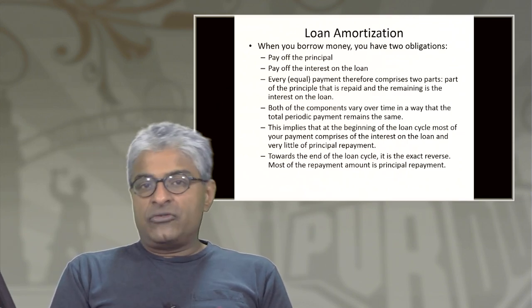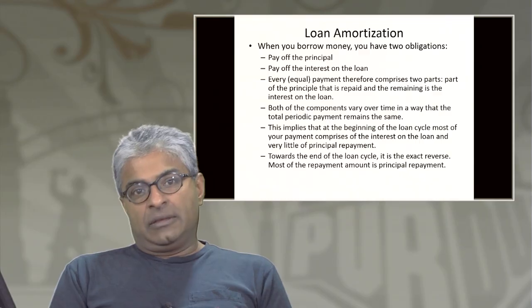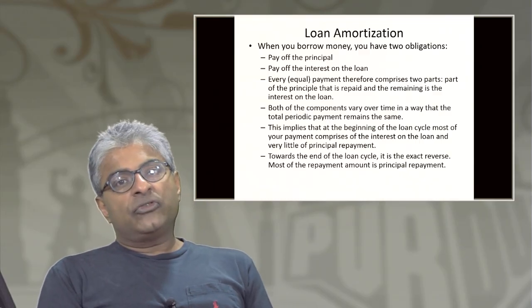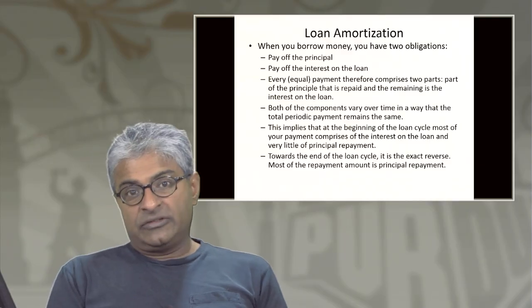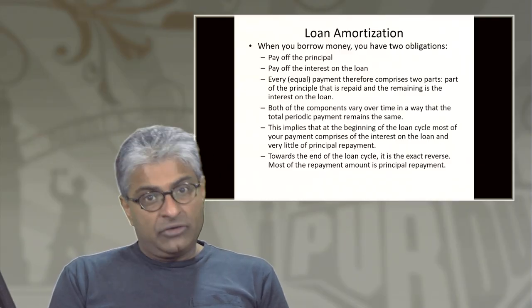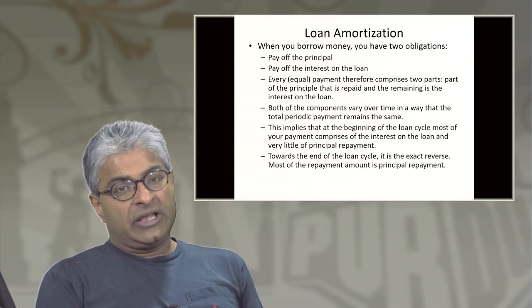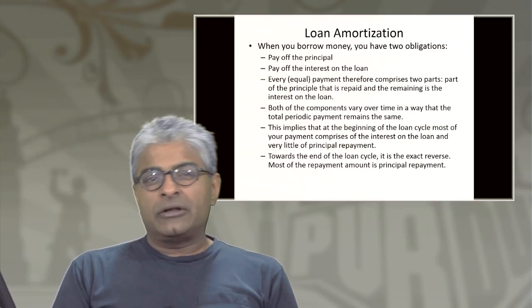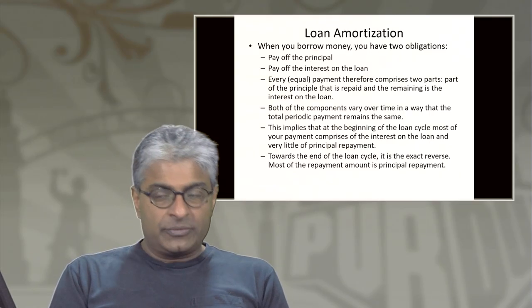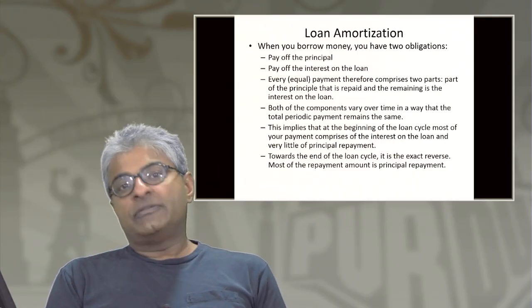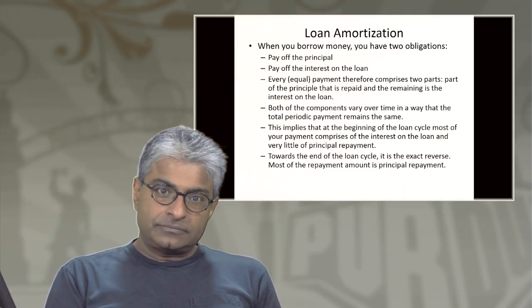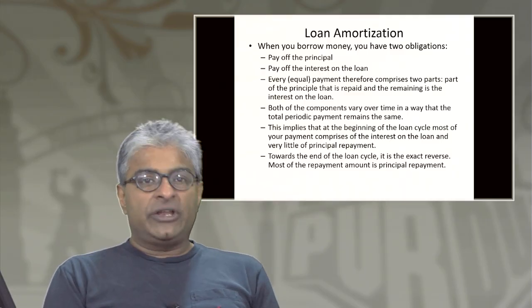Now, in this country, it's not a bad thing, because the interest itself, especially for mortgage loans, is tax deductible, which means even though you're paying a lot of interest on the loan initially, and very little of it is going towards paying off your principal, in practice, you're actually getting a benefit because of the tax break that you're getting. But not a whole lot of equity is being generated.